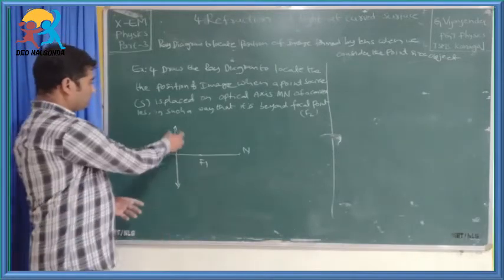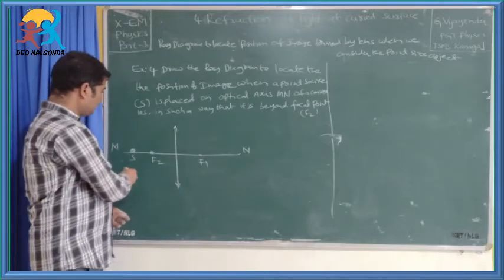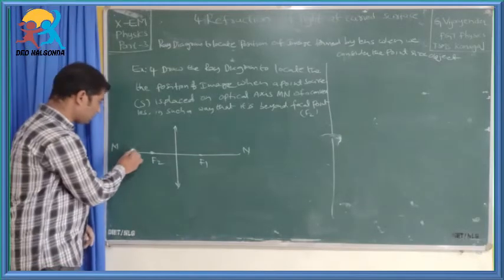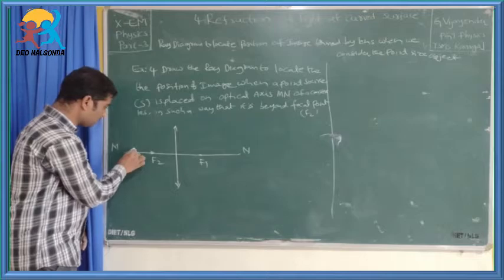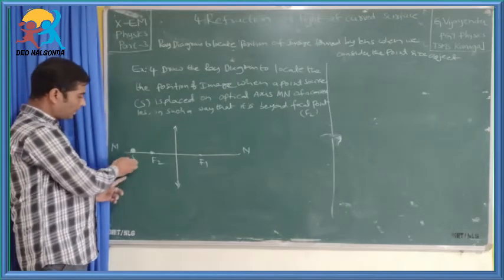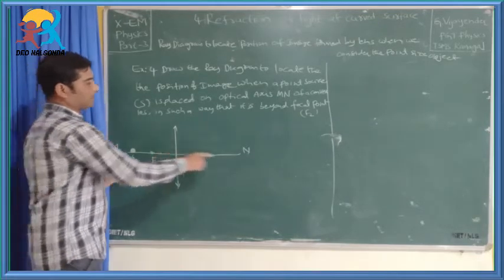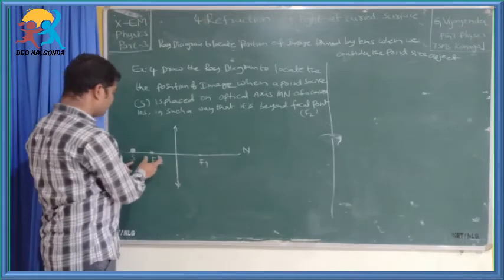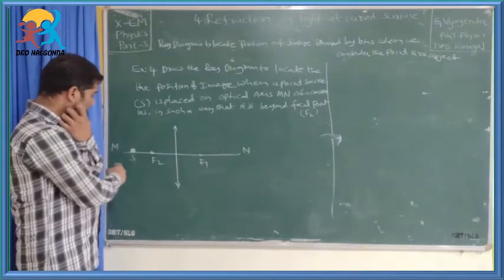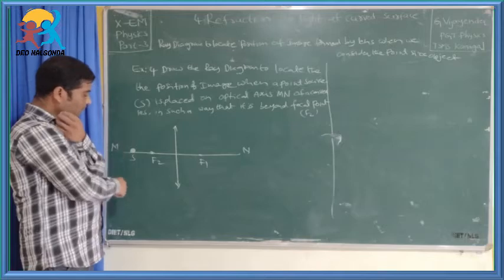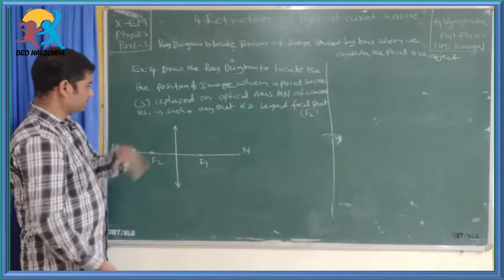Here we have the convex lens. Here the object or source of light is S. It is a point size object. It is placed on the principal axis behind the focus F2. Now we have to find the location of the image of S by drawing the ray diagram.